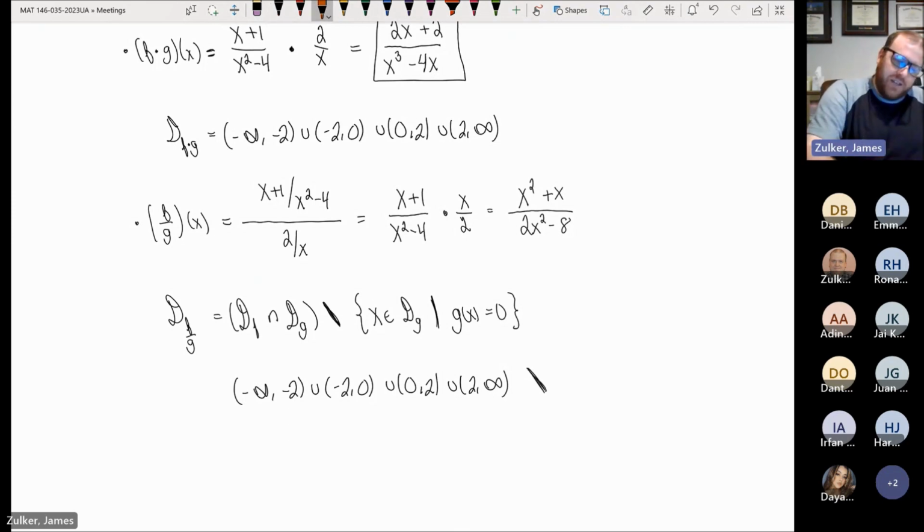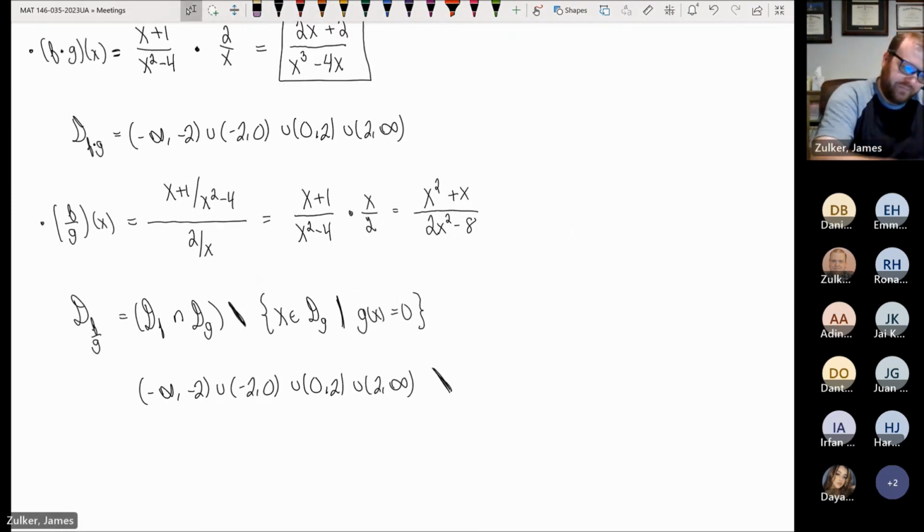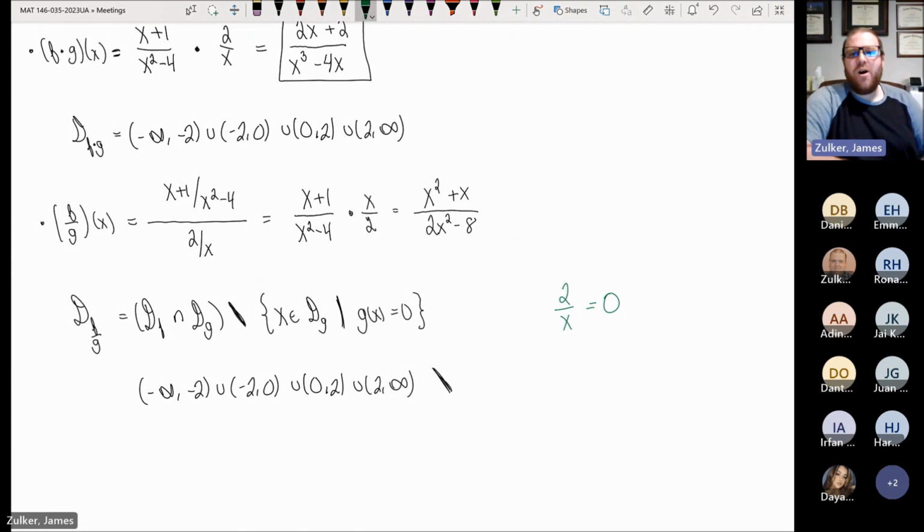So a little bit of side work. g of x is 2 over x. 2 over x equals 0 means what? So values of x that make 2 over x equal to 0.